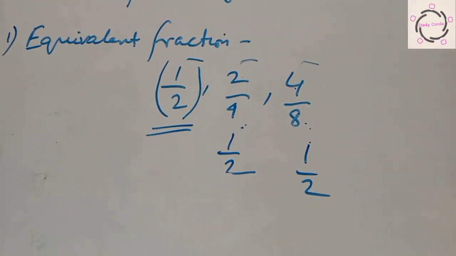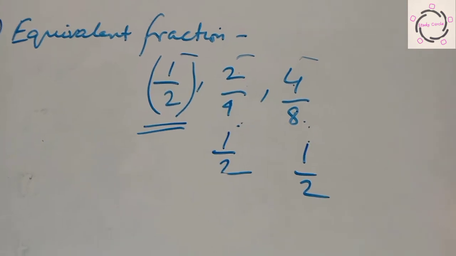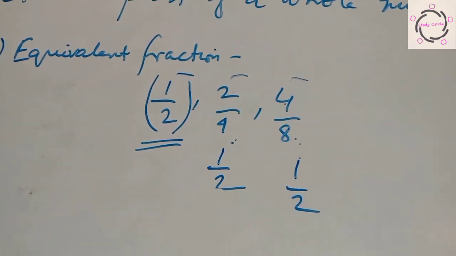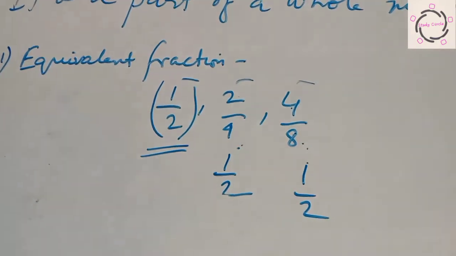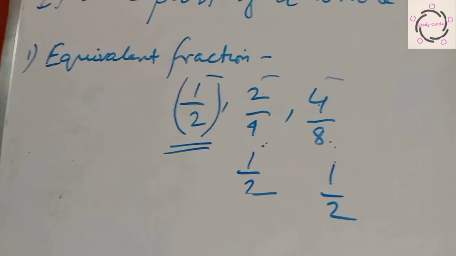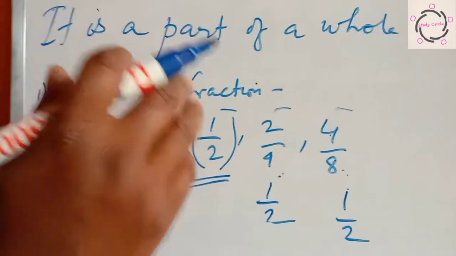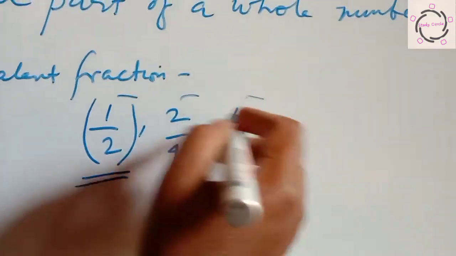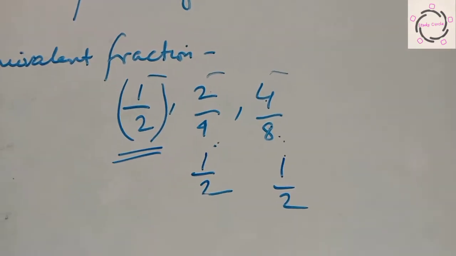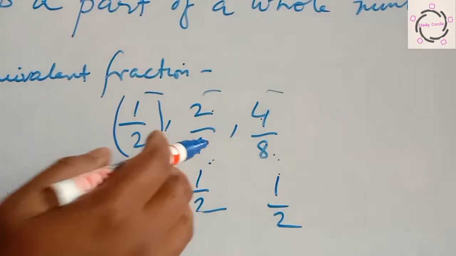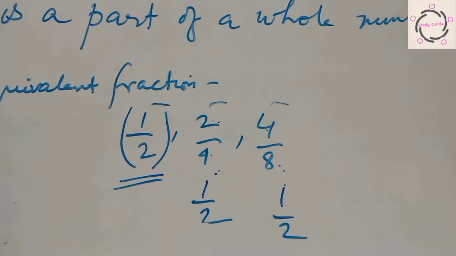Now what is the definition? Equivalent fractions can be formed by multiplying or dividing the numerator and denominator by the same number. If I divide the numerator by 3 and the denominator by 4, it is a different case.